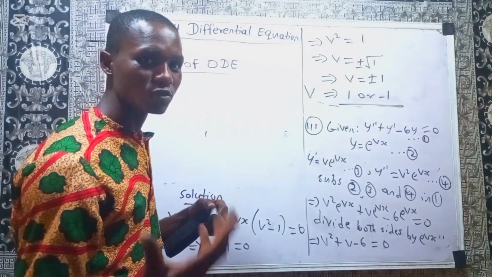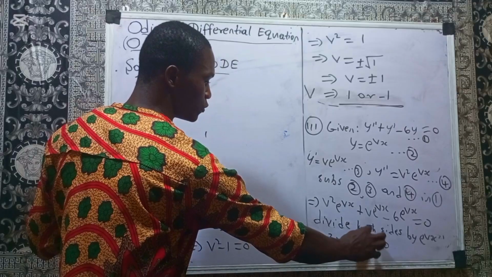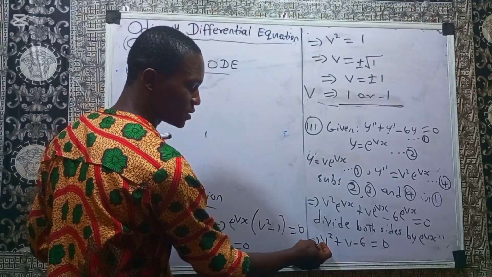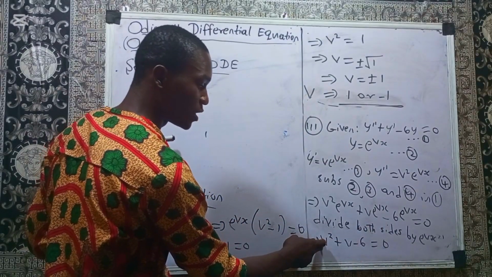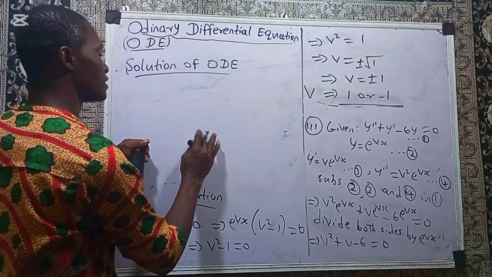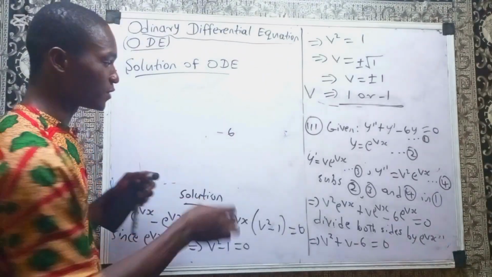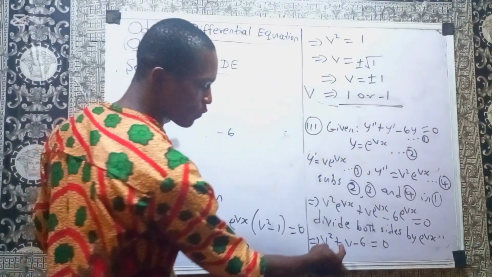The constant term is the one that does not have a v attached, which is negative 6. Use the constant term to multiply the coefficient of v squared: negative 6 multiplied by 1 is still negative 6.